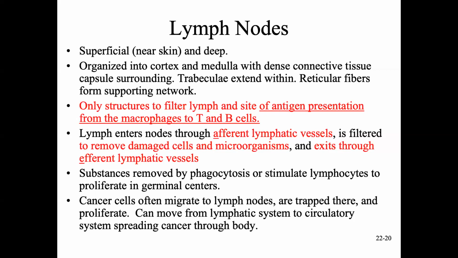And it's ineffective. So we only want cells that recognize the virus and the microbe. Only those cells that recognize it will be activated. And to make sure we only activate those cells, we have antigen presentation by the macrophages, right? That happens in the lymph nodes.